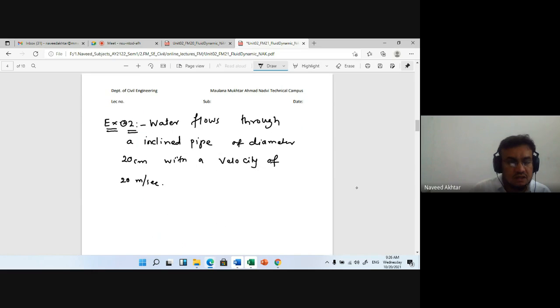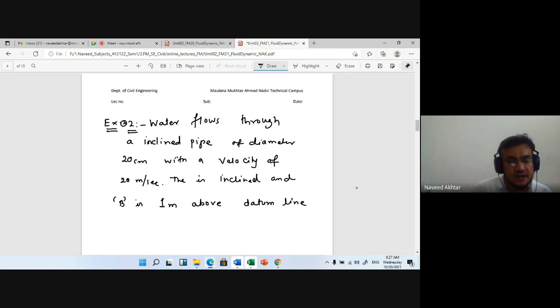The pipe is inclined. In the previous example, the pipe is horizontal, so the pressure at each level is the same. Here the pipe is inclined, and point B is 1 meter above the datum line.